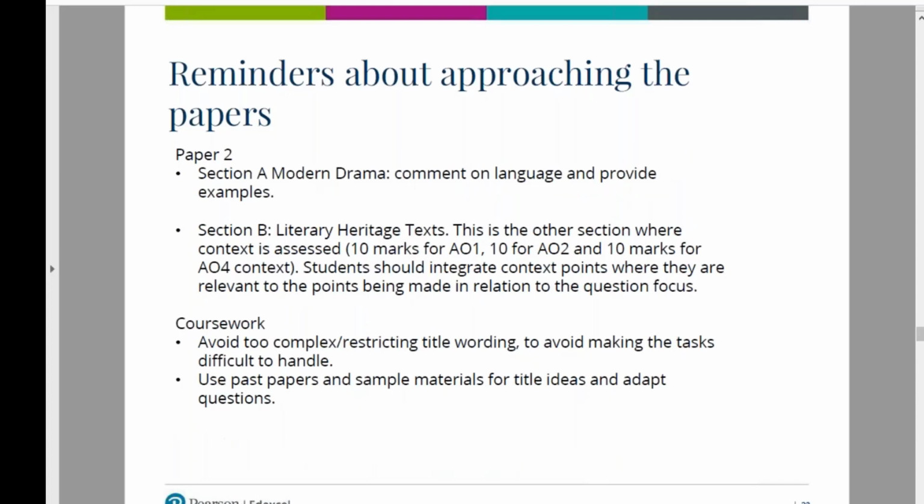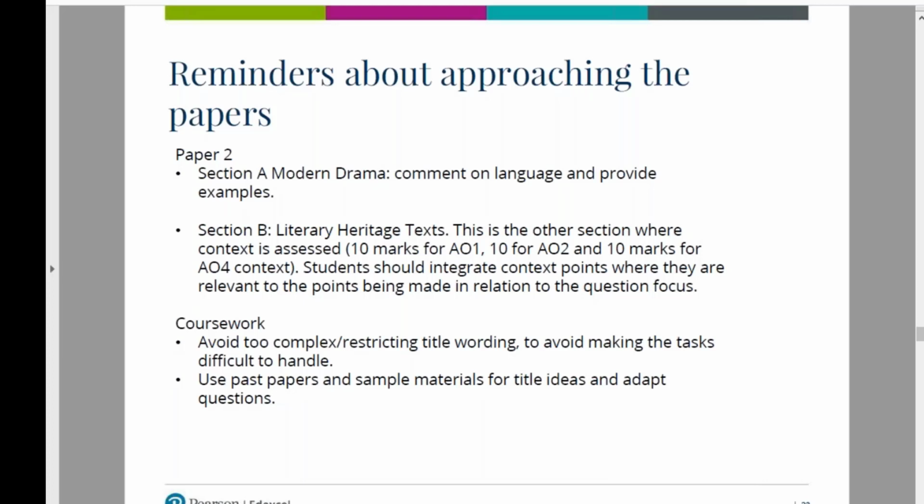Moving on to paper 2. For modern drama, don't forget to comment on language and provide examples. Language tends to be a bit neglected. On section B, literary heritage text, this is the other place where context is assessed.